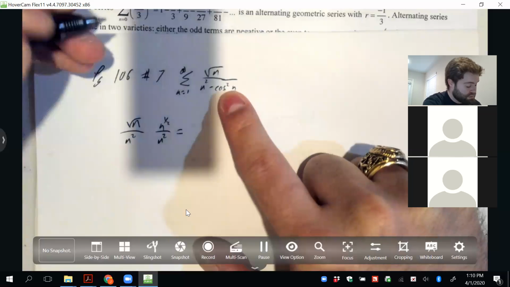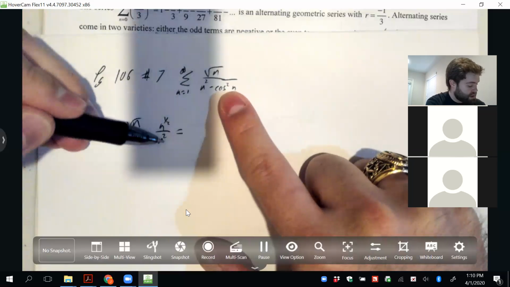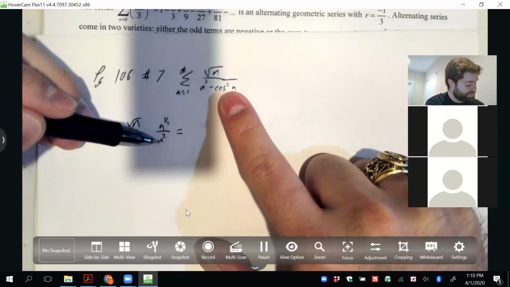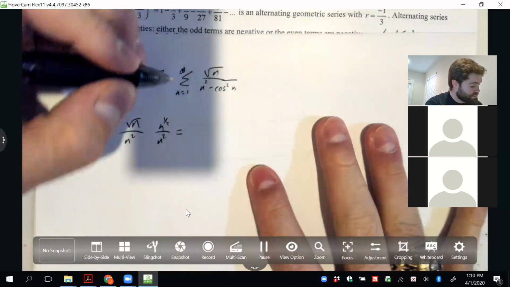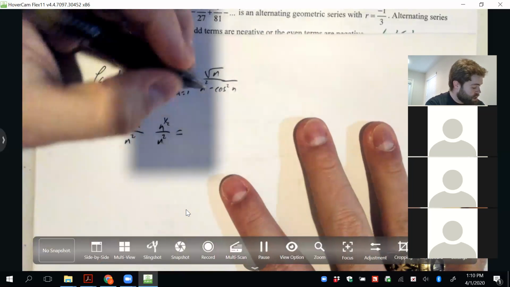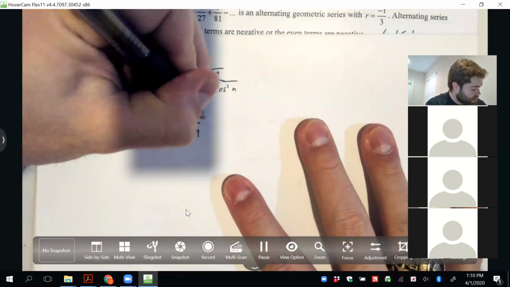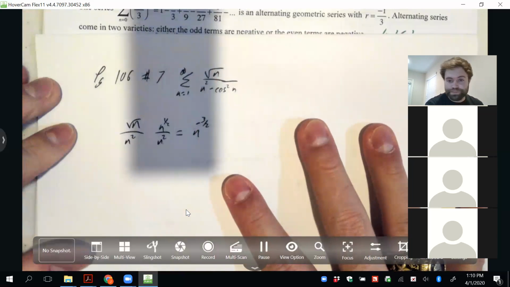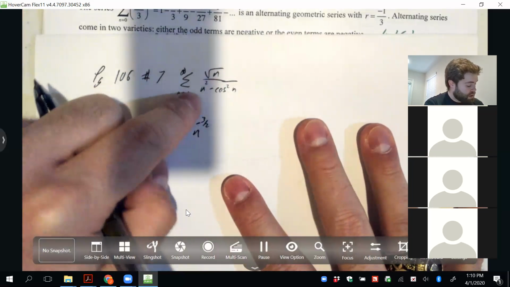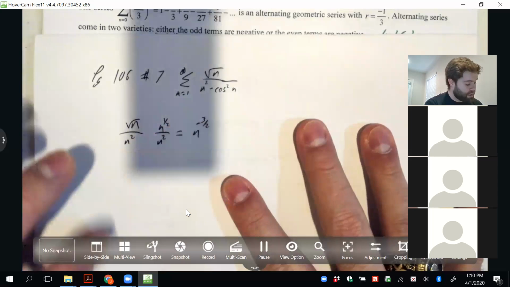And how would we simplify this? When we divide exponential terms, the exponents subtract. So we have 1/2 minus 2, which is what? Negative 3/2. Negative 3/2 or negative 1.5. So really, this is just n to the negative 3/2, as you just said. So that's what this summation is when you ignore the minus cosine squared n in the bottom.